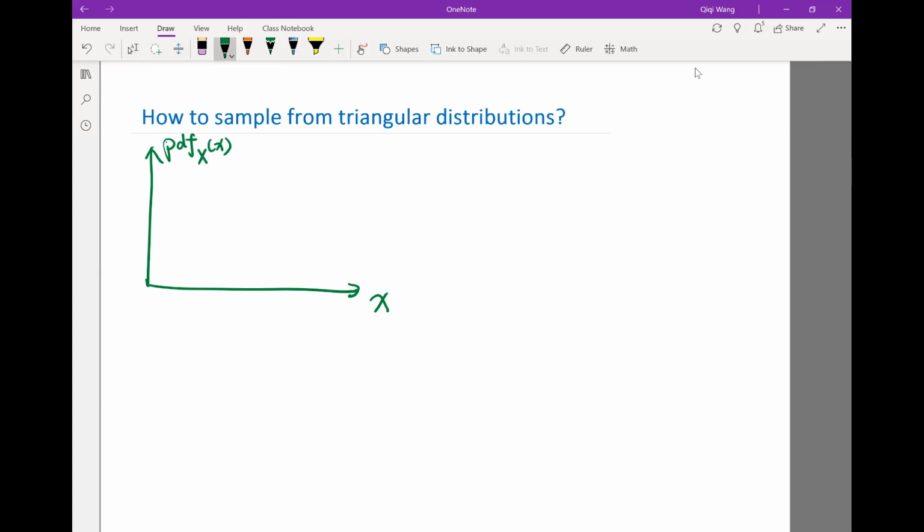It is called a triangular distribution because the PDF is actually a triangle, like that, something very similar to the nodal basis function we use in our finite element methods. So the PDF starts at A, it peaks at a value B, and it goes back to 0 at a third value C.